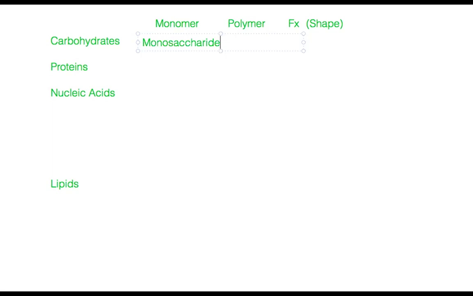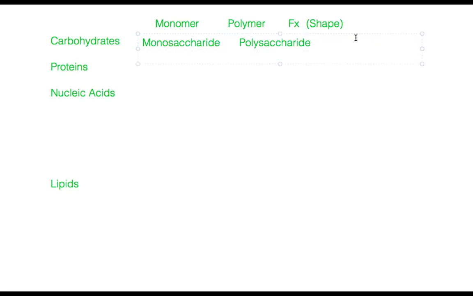So they're going to be a single ring, they have an oxygen in it. And the way I remember what the shape looks like is for monosaccharides, Fruit Loops. Fruit Loops are rings. They're very sugary. One Fruit Loop is one monosaccharide, and then a chain of Fruit Loops, our polymer, is going to be a polysaccharide. Okay, a chain is going to be a polysaccharide.